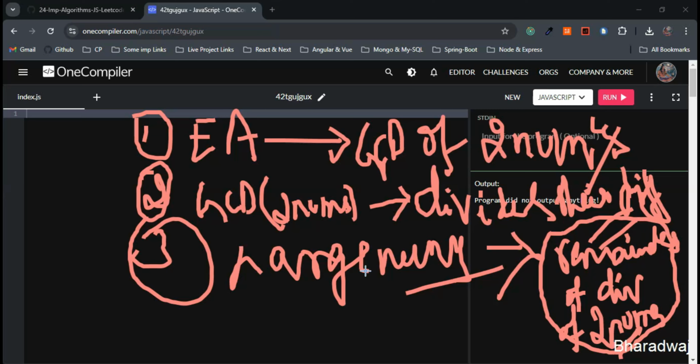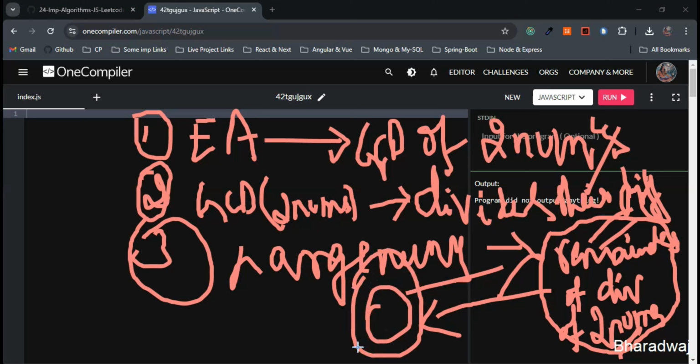The process basically involves replacing the large number with the remainder of the division of the two numbers, and we repeat this until one of the numbers becomes 0.